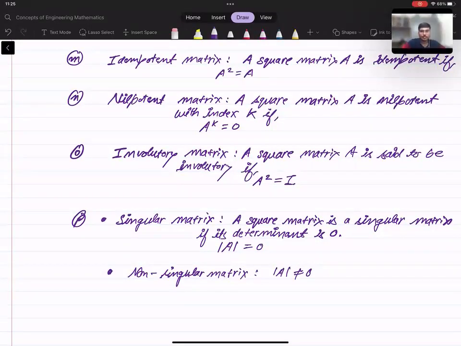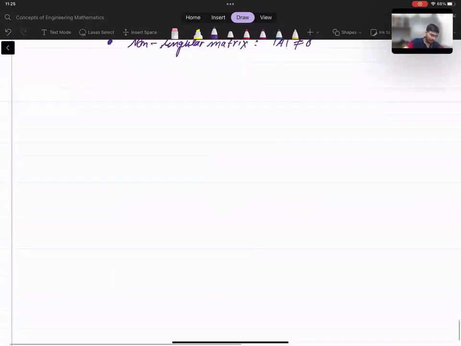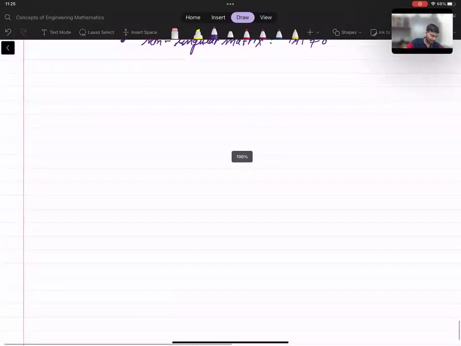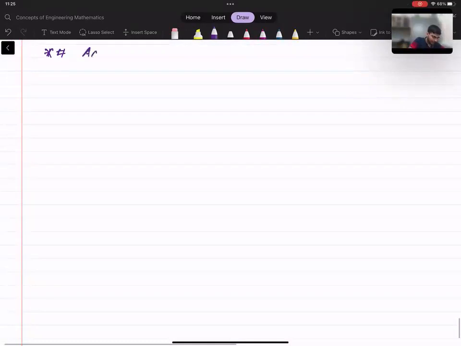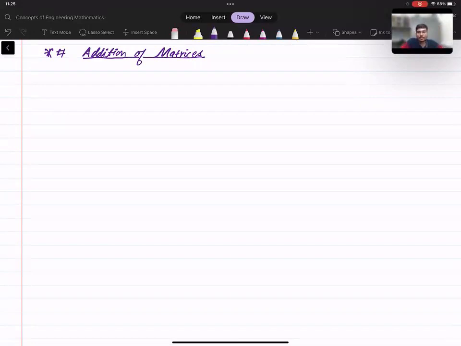Now let us see some important operations of matrices. We will begin with the addition of matrices. Suppose we have two matrices A and B and we want to add them.